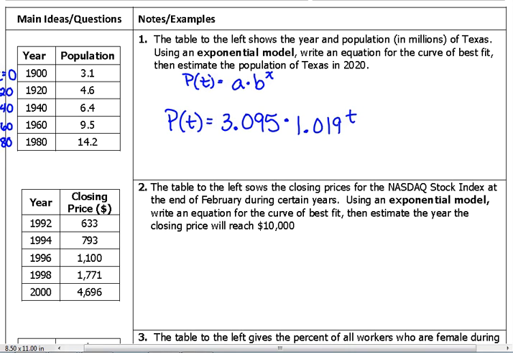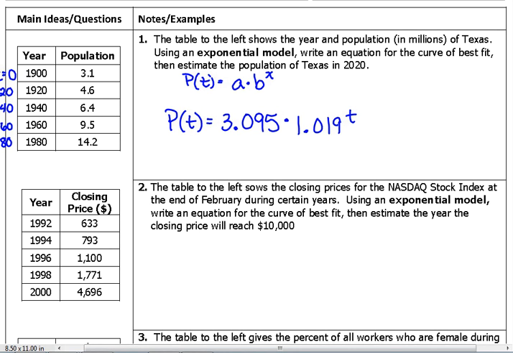It wants us to estimate the population in 2020. So do I plug 2020 in for t? No, I don't plug in that exact number. Why not?